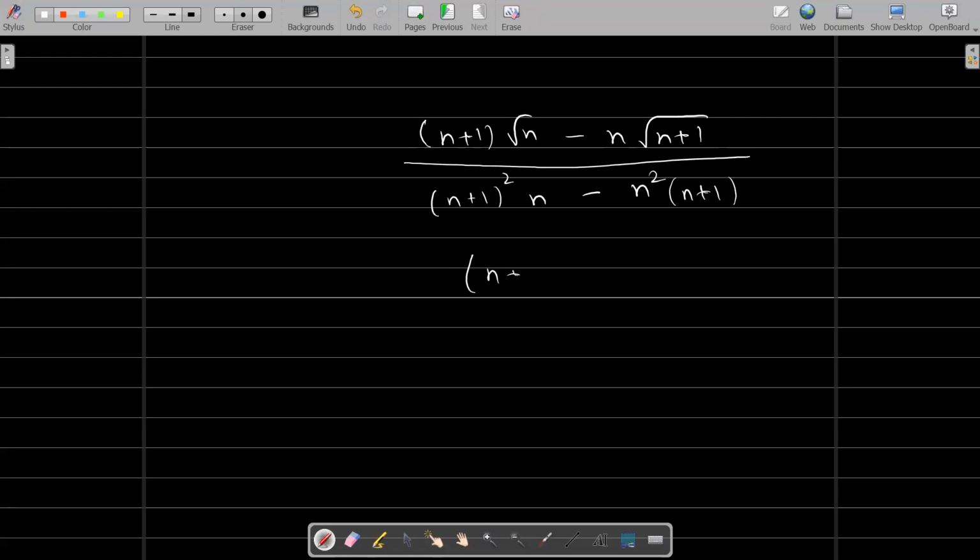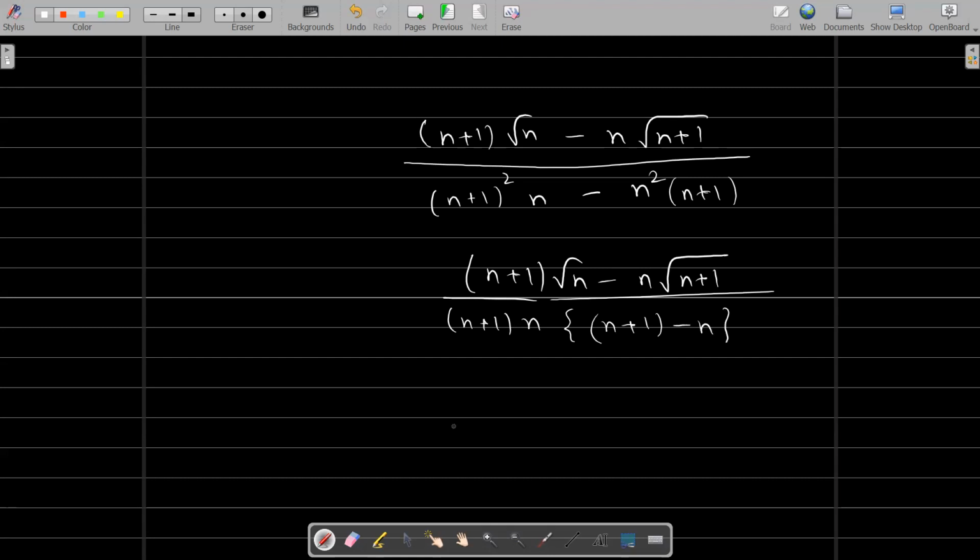So I have n into n plus 1 into 1, and I'll get n plus 1 minus n, which is 1. So it's n plus 1 root n minus n root n plus 1 upon n plus 1 into n.